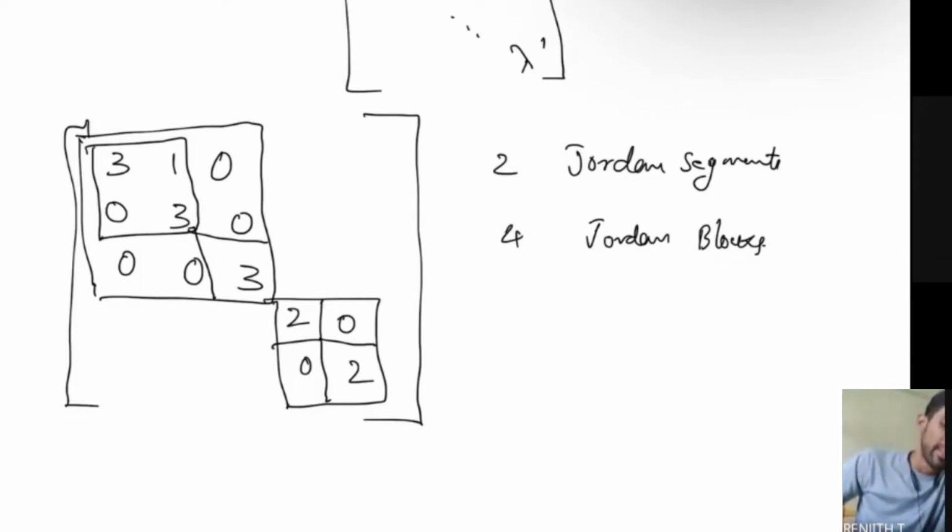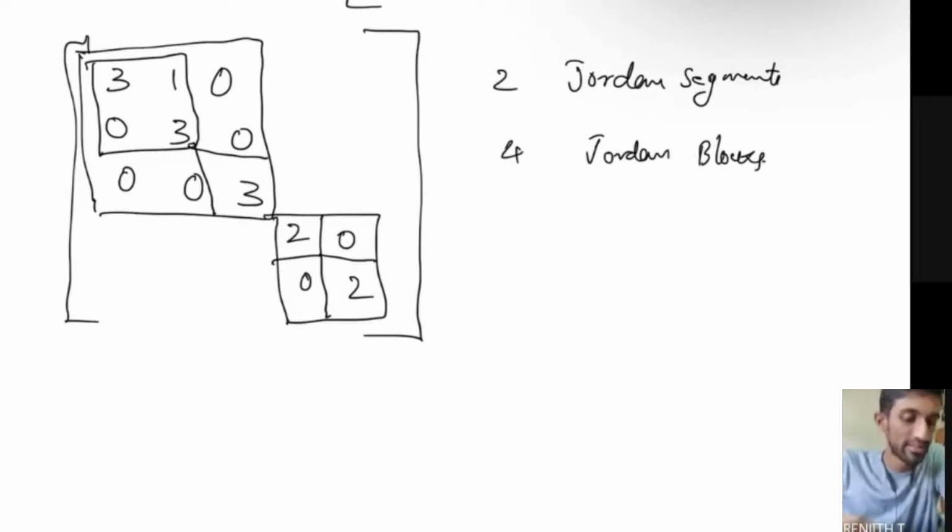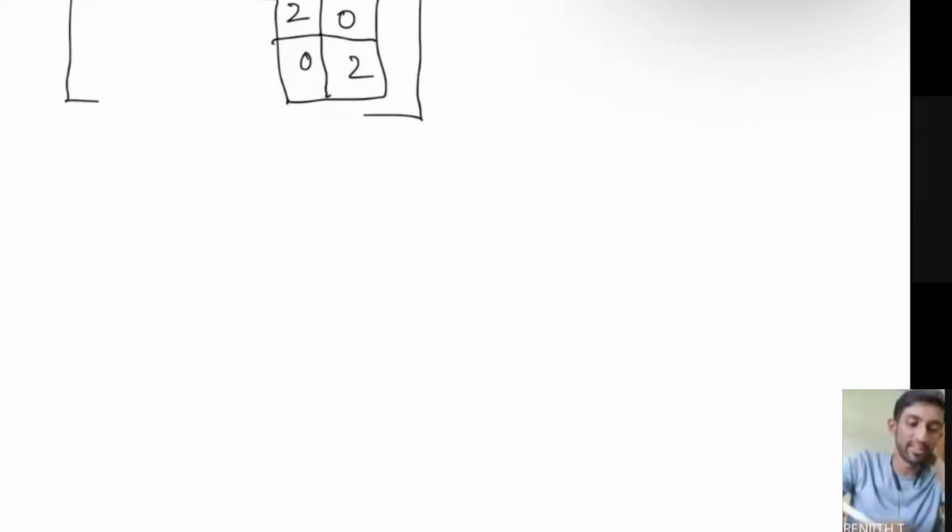Okay. So these are the basic outlines of the Jordan decomposition theorem. Whatever kind of matrix you have, you can write that matrix in this form. You will get a basis such that you can write your matrix in a Jordan canonical form, which means you decompose your matrix into Jordan blocks.